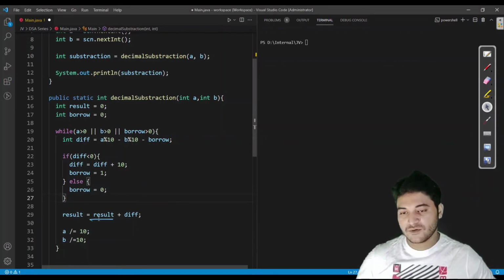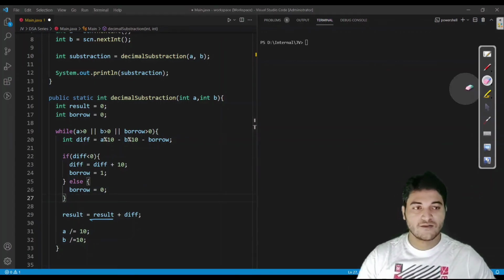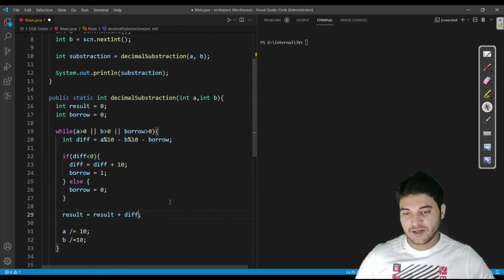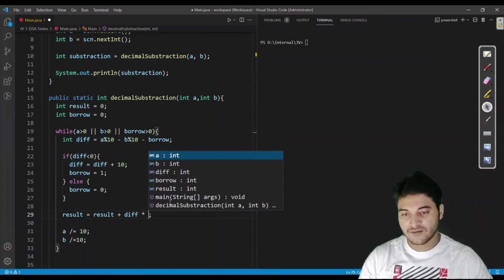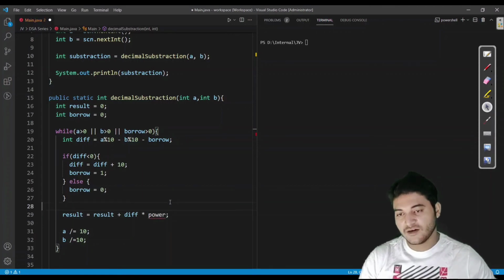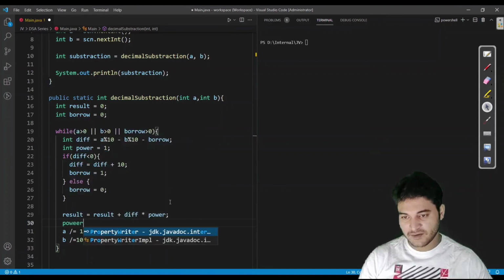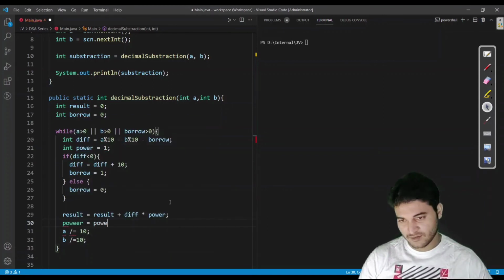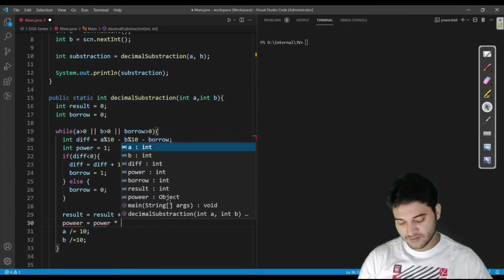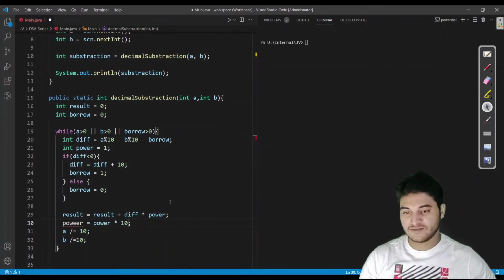Fine. So now what we have to do? We have to multiply this diff with a power variable, and we would initialize the power variable with 1 initially, and we would multiply power with 10 in each iteration.